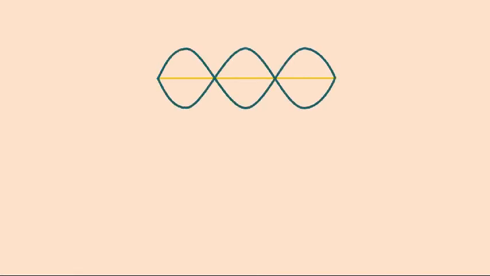This is a string. In this picture, the tone or harmonic is one level higher. The number of nodes increases, and the number of antinodes also increases.